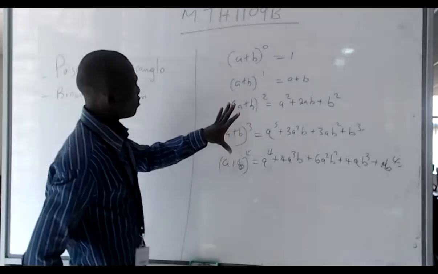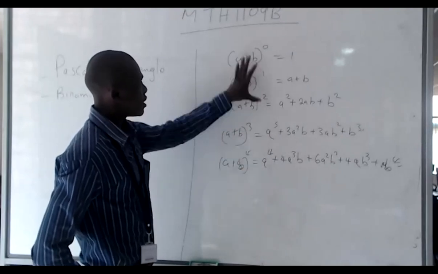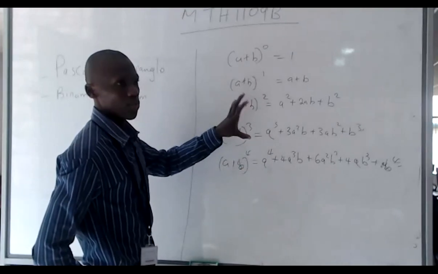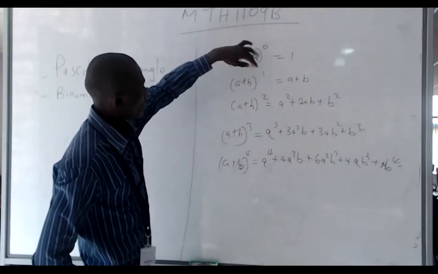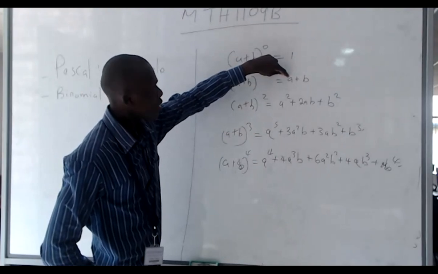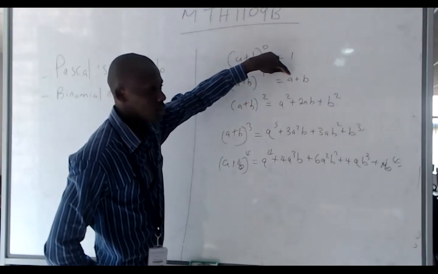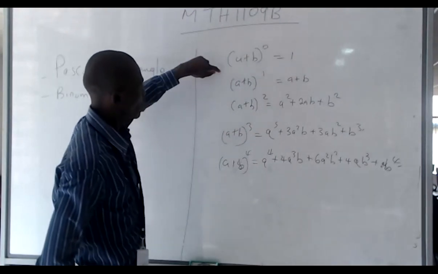So number 1, you observe that in each and every term, if you add the powers, you get the value of the integer to which the power is being raised. For example, in this case the term is just one term, but here is a power 0 and b power 0 and a power 1. So 1 plus 0 is 1.